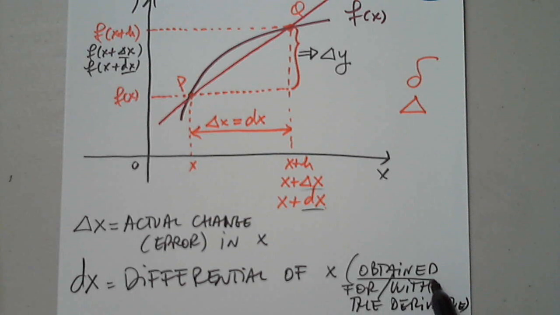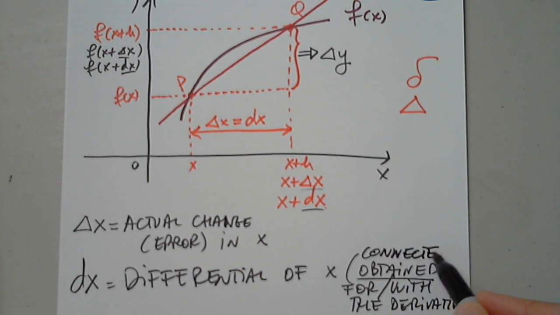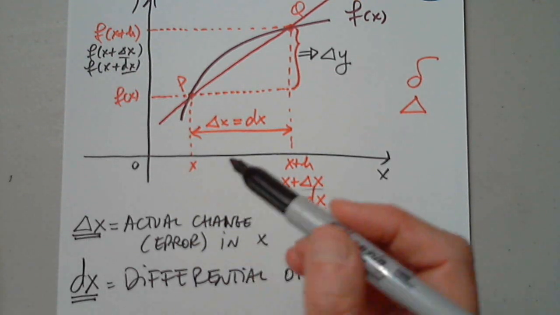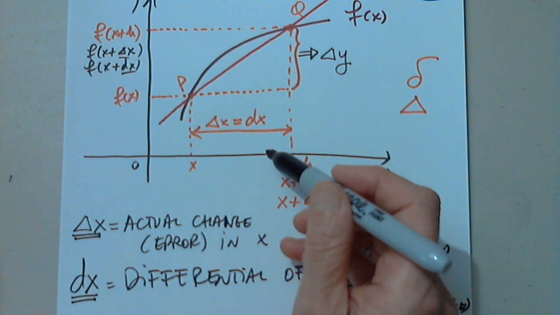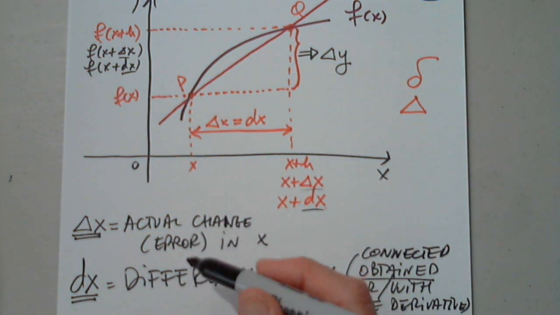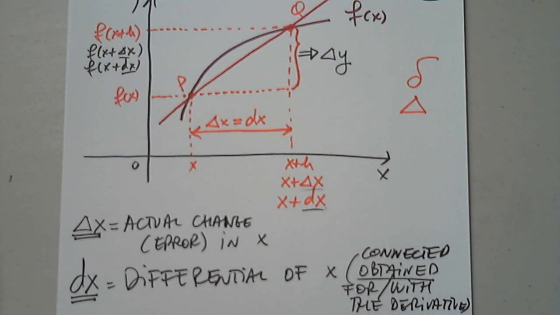So this dx is the differential of x. The delta x is the actual change. Yes, they are the same measure, but they have different meaning.